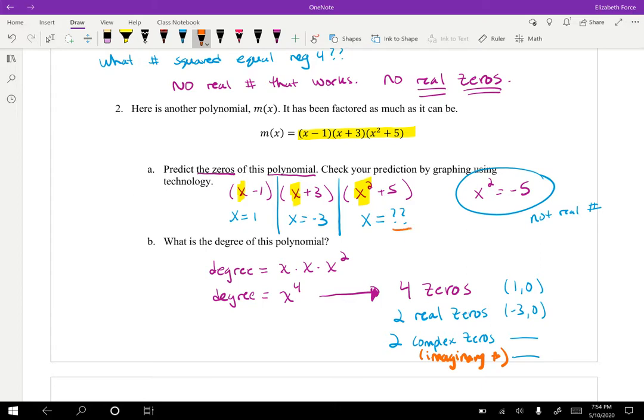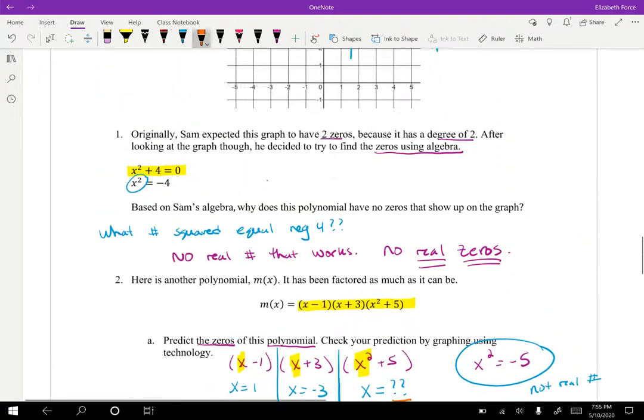The only answer to the expression x squared plus 5, the only thing that will make that 0, is an imaginary number. Imaginary numbers are part of a number system that we haven't really talked about yet, which is the complex number system. So that's why we call this 2 real zeros and 2 complex zeros.